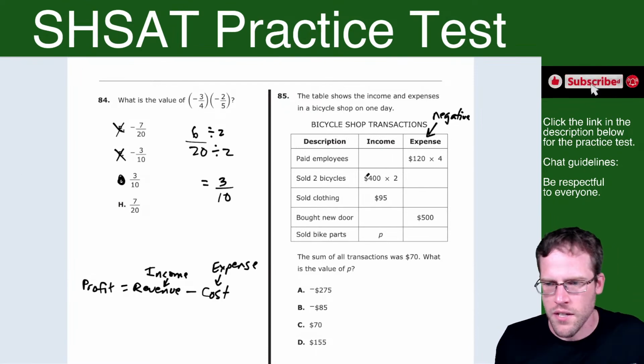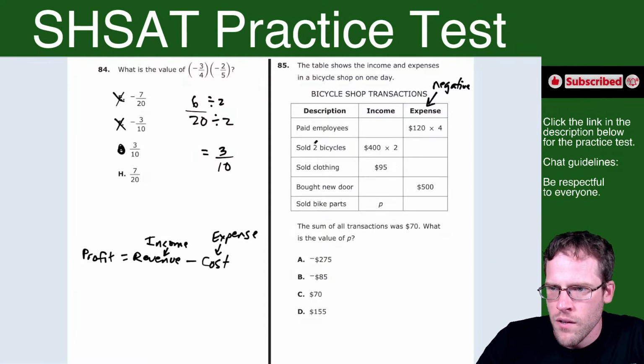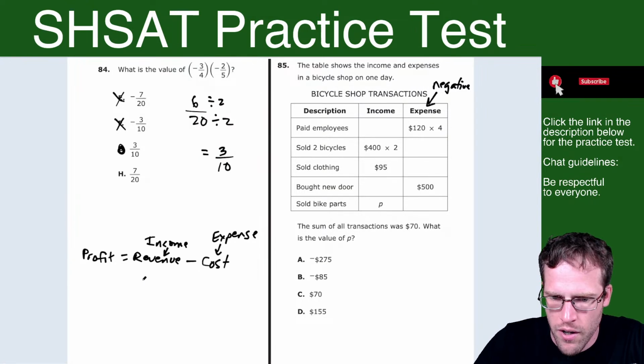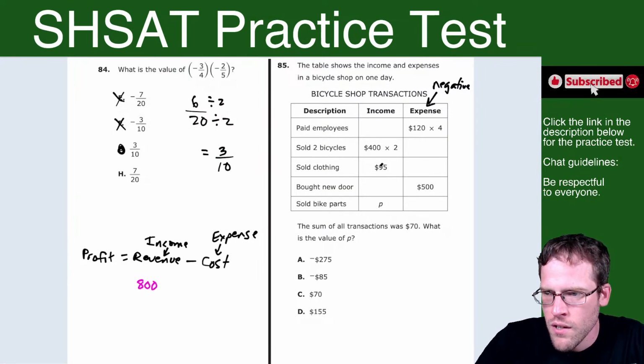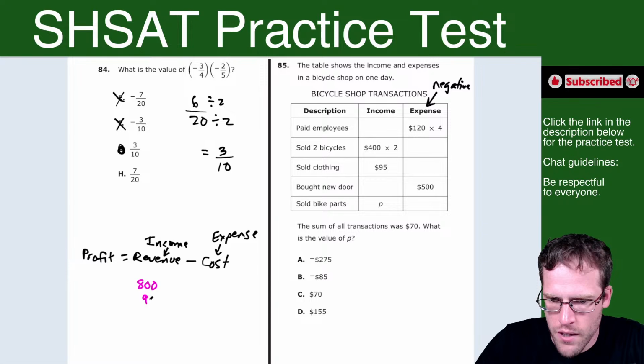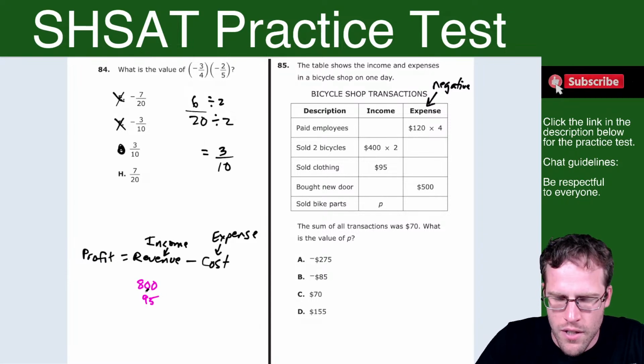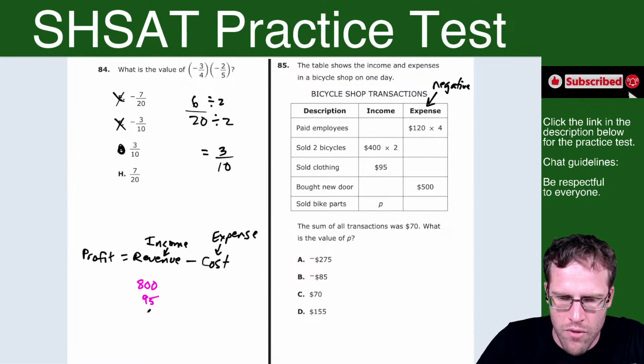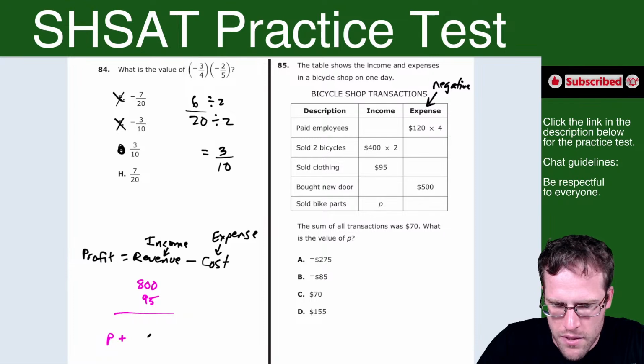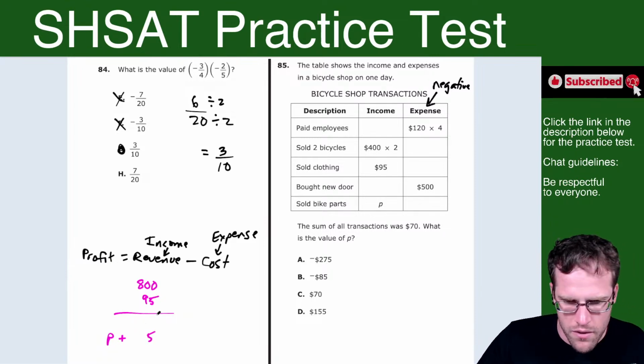All right, so what they're telling us here, they sold 2 bicycles for $400 each, so that's $800. They sold clothing for $95, and they sold bike parts for P dollars. So I'll write P at the end. Let me write that a little neater.